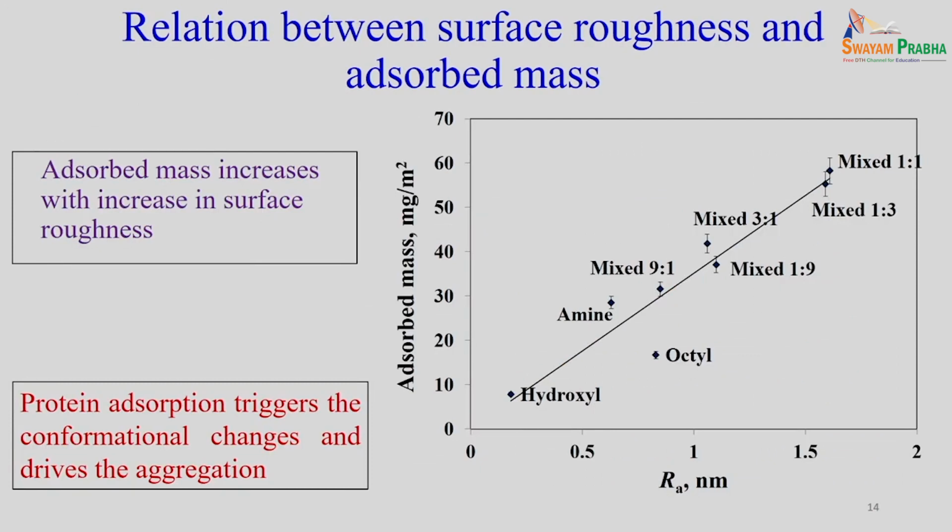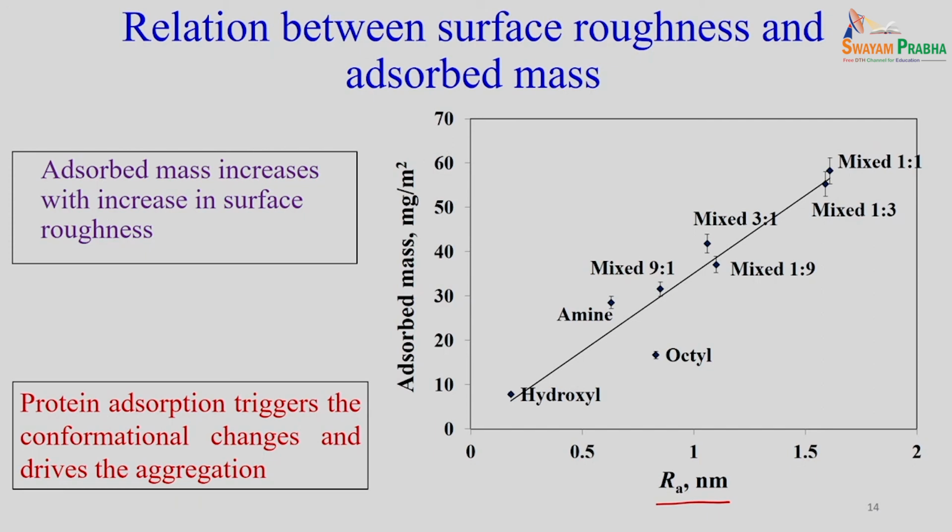So, here we will try to relate the surface roughness with the adsorbed amount. Typically, if we are increasing the surface roughness, it is expected that we are getting more contact area. If there is more contact area, it is expected there should be more adsorption sites or more adsorption.